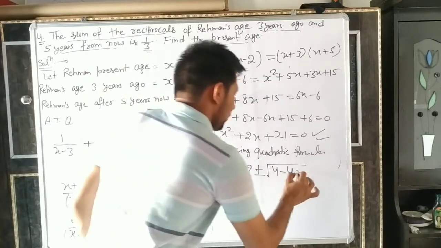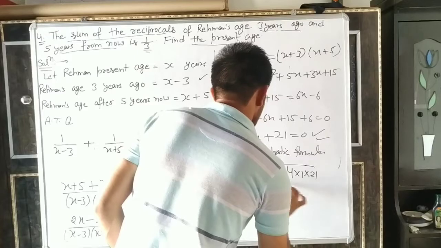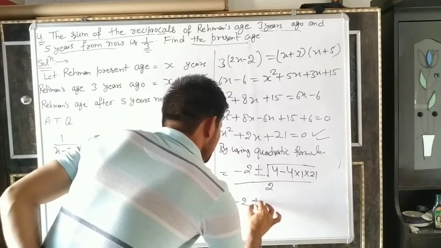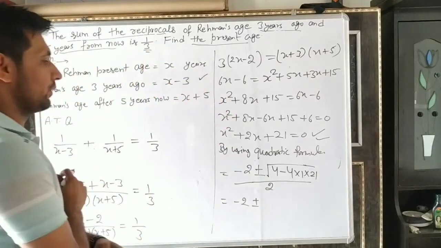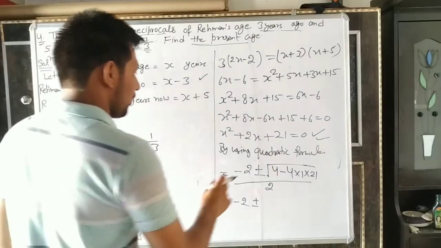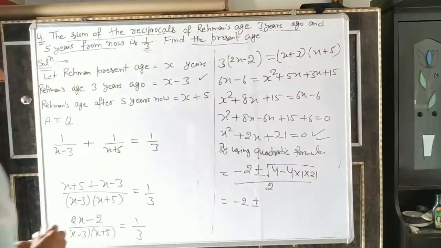A is 1 into C, like this one. So it is 2a, 2 into 1, 2a. So minus 2 plus minus. So what will you write? You will write 4 minus. So solve it yourself.